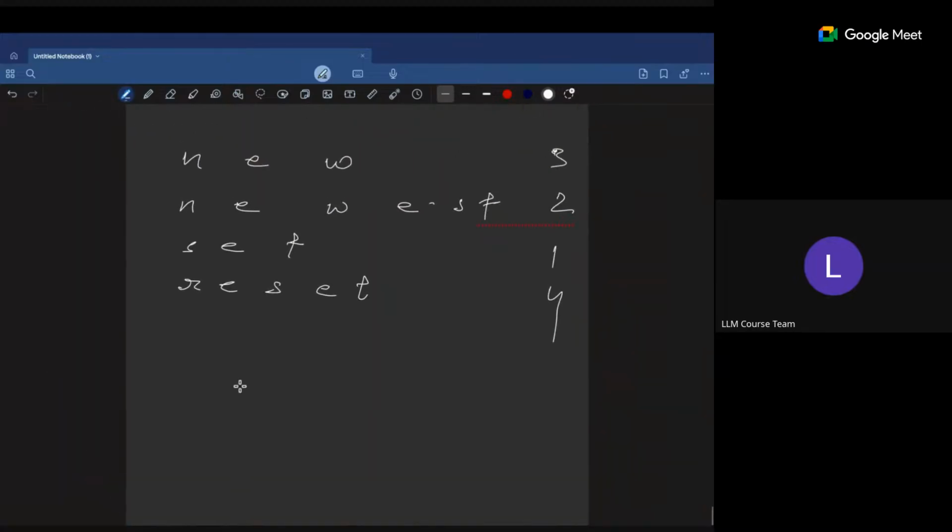So I will look at the score of E and W. The score of EW will be the count where EW occurs together, which is three times here and two times here, which is five. I will divide it by all the occurrences of E. So how many times is E occurring in total in the corpus?